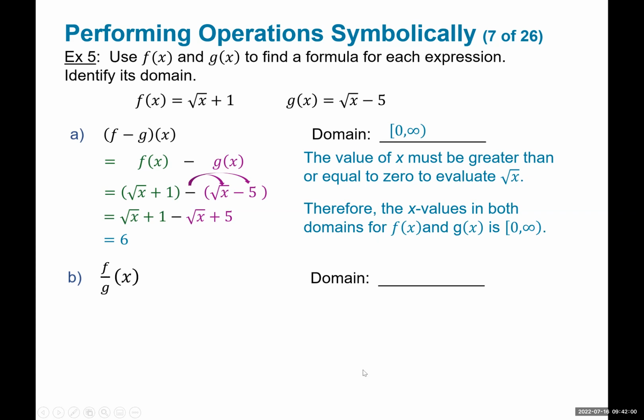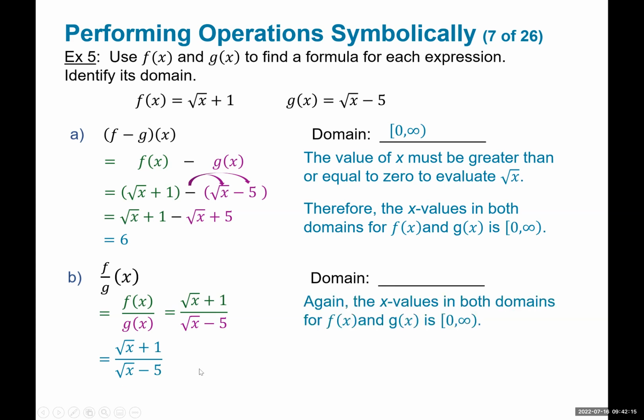For B, same function. So we definitely are still going to be dealing with non-negative numbers. And this time we know there's an additional piece where the denominator cannot be 0. So that is our function. We just put f of x over g of x. But for the domain, we have from 0 to infinity. But since we're dividing by a function, we know that that bottom function can never be equal to 0.